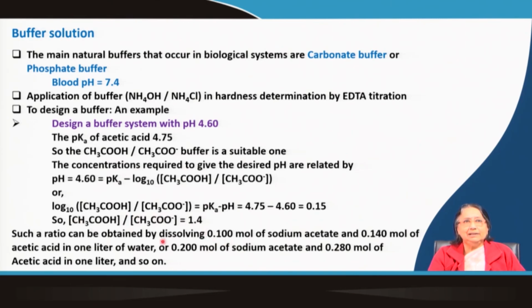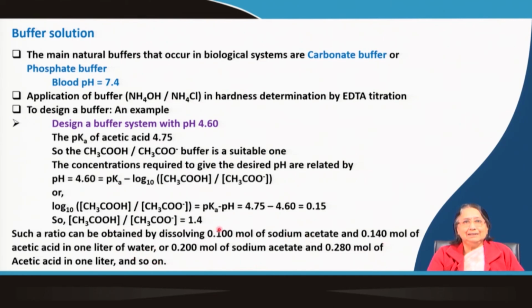We can do it by choosing sodium acetate 0.1 and acetic acid 0.14, or you can choose 0.2 mole of sodium acetate and 0.28 mole of acetic acid. We can dissolve it in 1 liter, so the concentration will be like this, in molar.